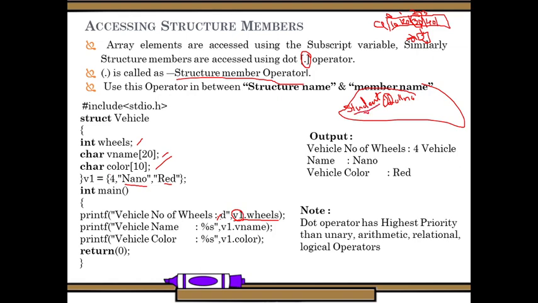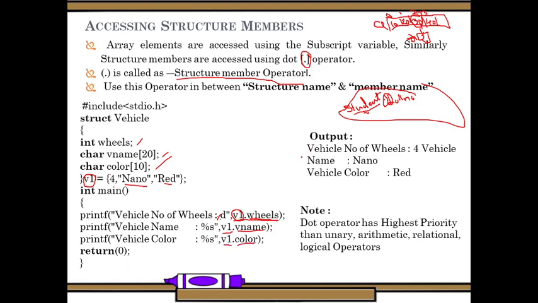But if I am using a structure variable, that is the v1 structure variable, then the structure variable dot wheels. Wheels is what? A member, right? The name of the member. Similarly, v1.name, and then v1.color. This is the way you can access the structure variable. So this is how it is going to be.